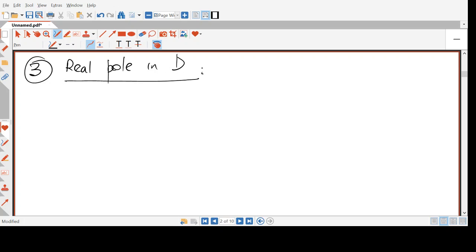So when you have a real pole in D, for example, if you have the integral of, say, sine x dx over x into x squared plus 9 dx from minus infinity to plus infinity. So now you have a real pole here.